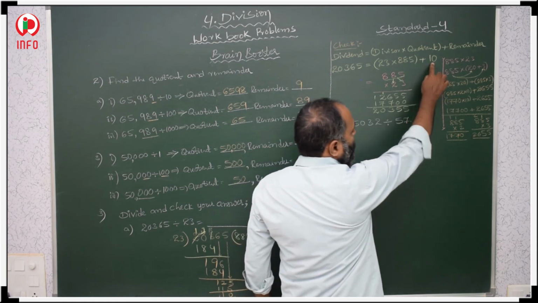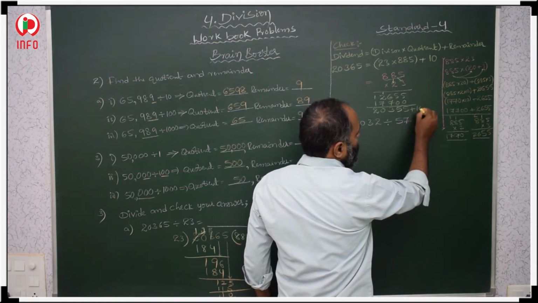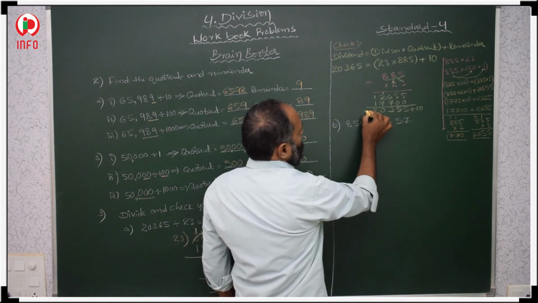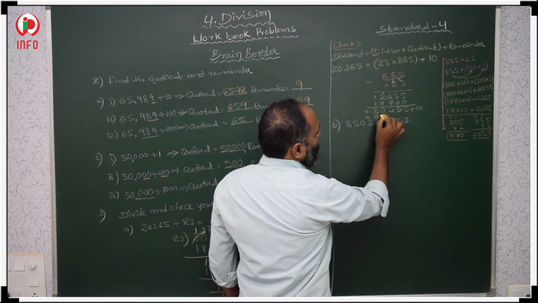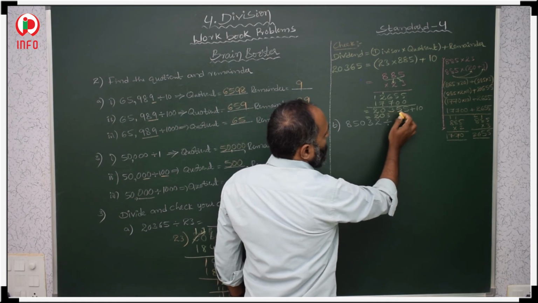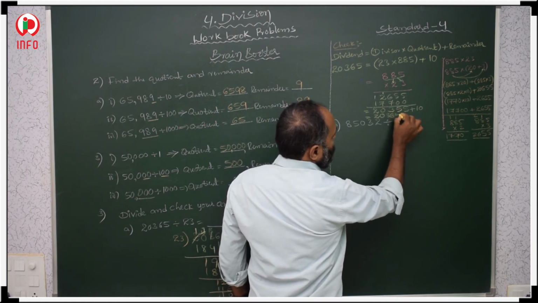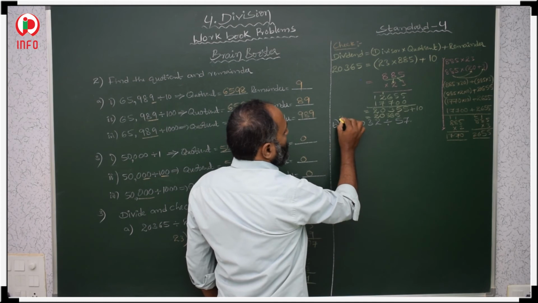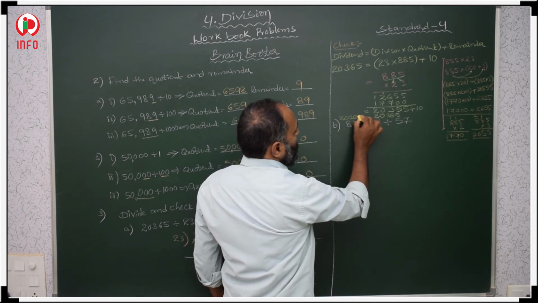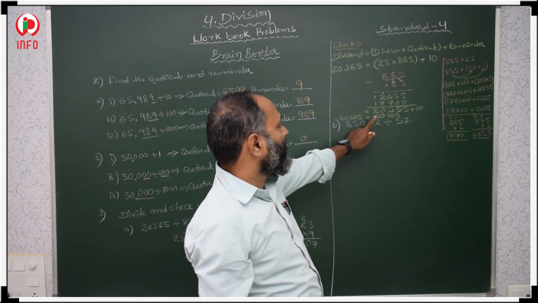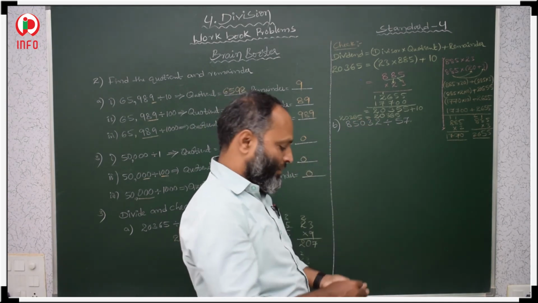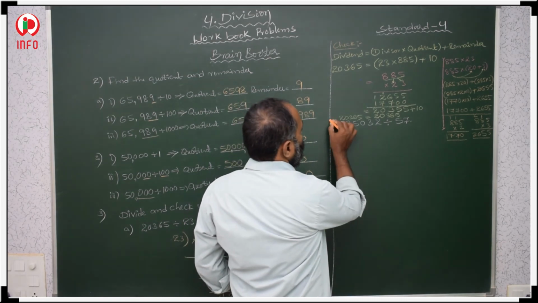Again plus 10 we have to add, which gives 20,365. So both are the same: 20,365 is equal to 20,365. In this way we have to find our solution.